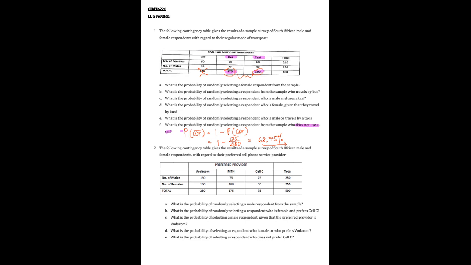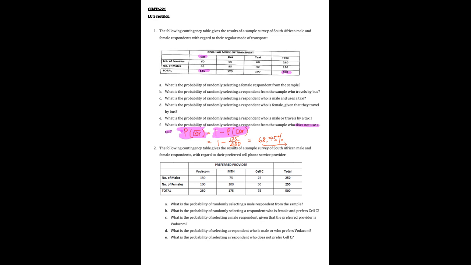Then you go to the number of people that use a car from the table, and that is 125 out of the 400 people. So it's 1 minus 125 out of 400, and that gave you the 68.75. Okay, so that is it for question 1.